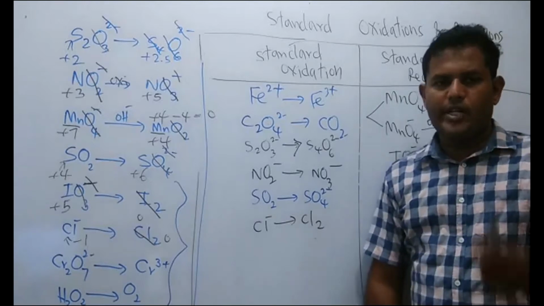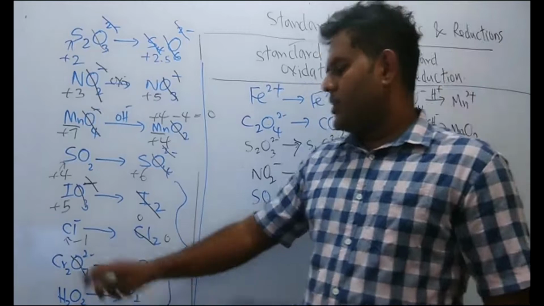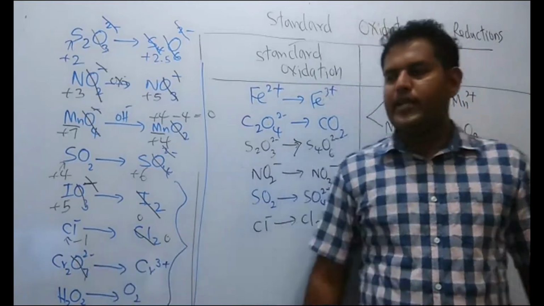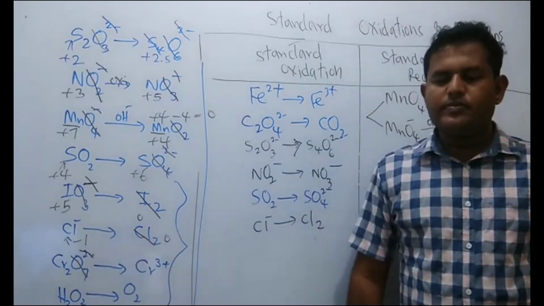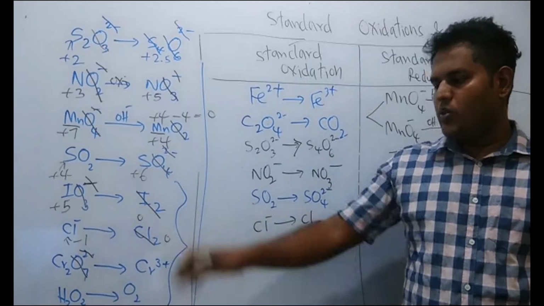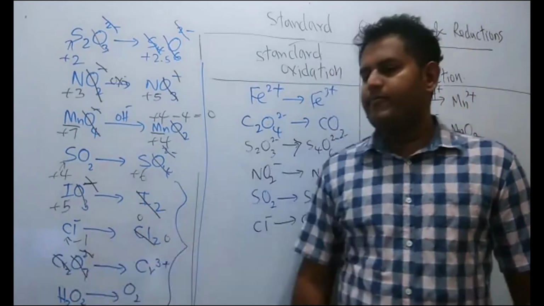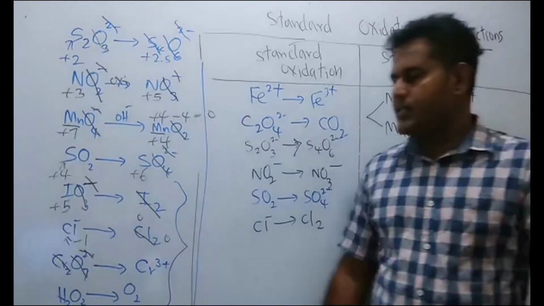Dichromate. Determine the oxidation number for one chromium atom. 7 oxygens, minus 2 times 7, minus 14. Minus 14 less 2, minus 12. Then the 2 chromium should have plus 12. 1 chromium, plus 6.